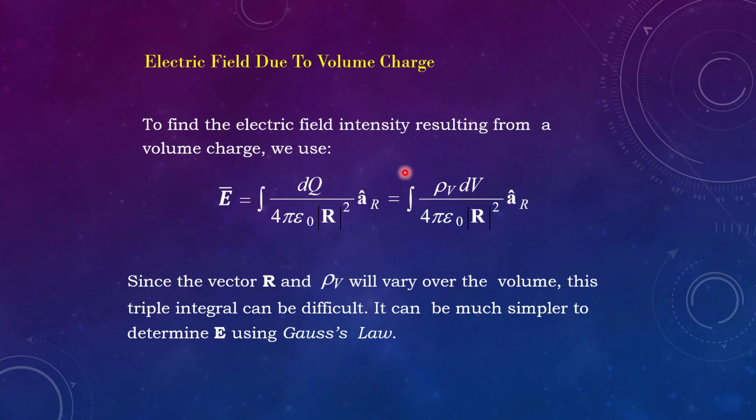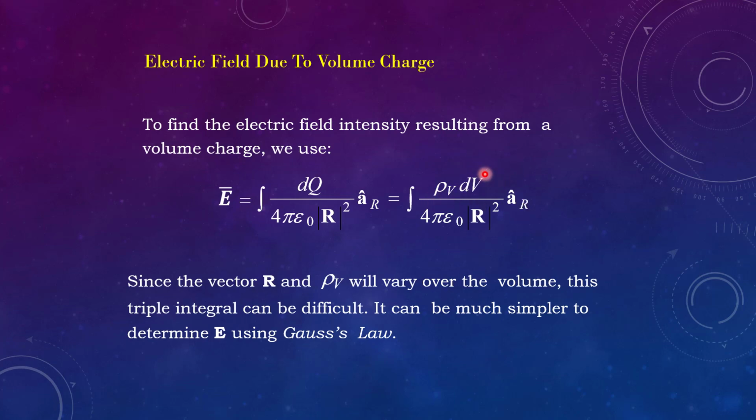So it is the triple integration, or just volume integration, of rho v dv divided by 4 pi epsilon naught r square into AR cap. Since the vector r bar and rho v will vary over the volume, this triple integral can be difficult. Finding such an integration is difficult. But if you ever find this integration, then it is similar to the point charge equation.